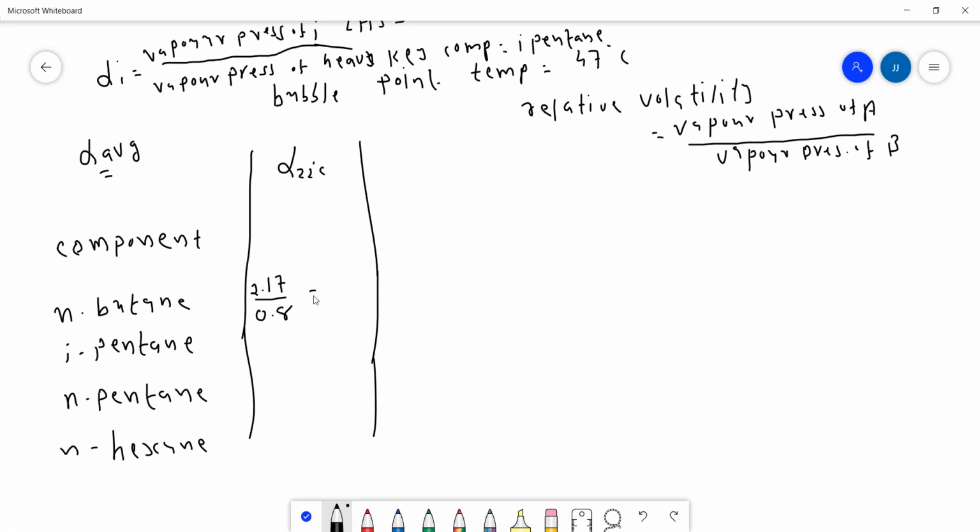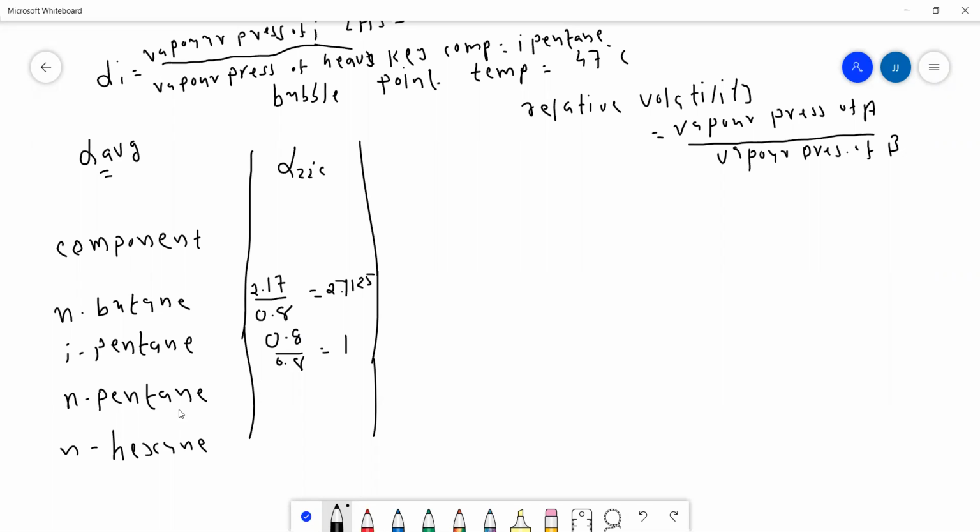So this will be 2.7125. Then for the I component, which is I pentane itself, 0.8 divided by 0.8, which is equal to 1.